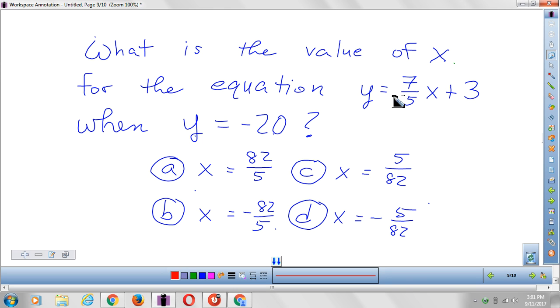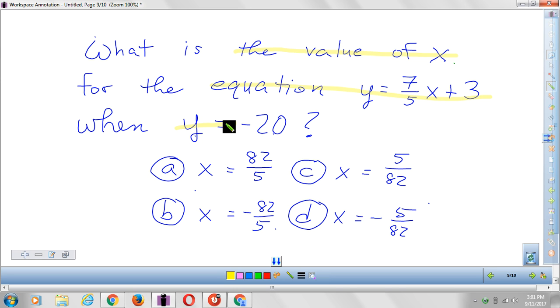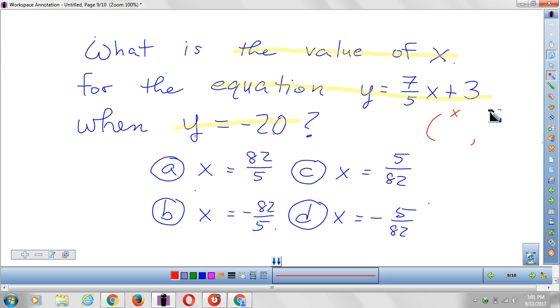All right, so first things first, as always, I'm going to read the problem. It says, what is the value of x? It gave me an equation, and it gave me a y. Okay, and I'm going to look at this. I know that x's go on the left, y's go on the right.